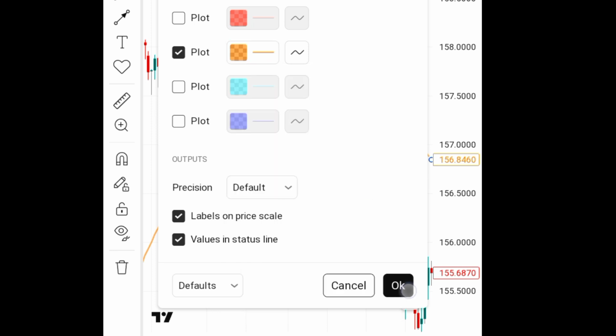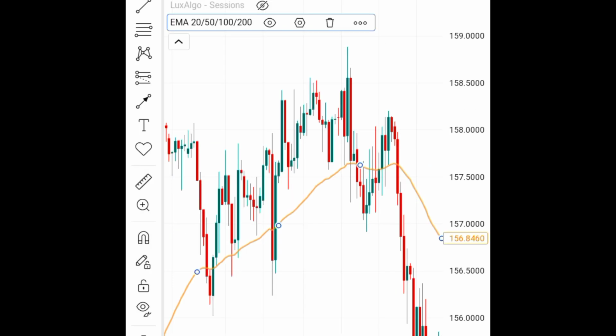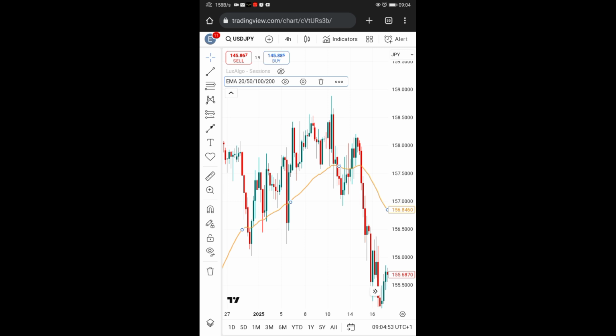Then you click OK. Once you've done that, this indicator will be on your chart and it will be only one line. The purpose of using this indicator is as an addition for our trend confirmation, for us to know that our trend is really bullish or really bearish.